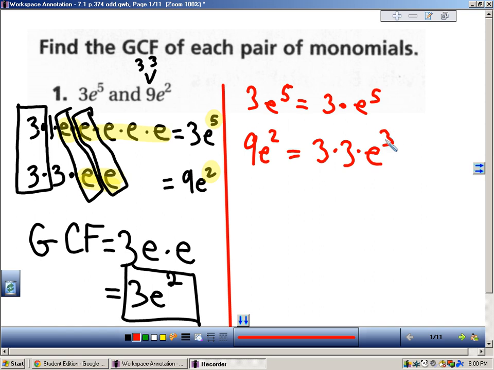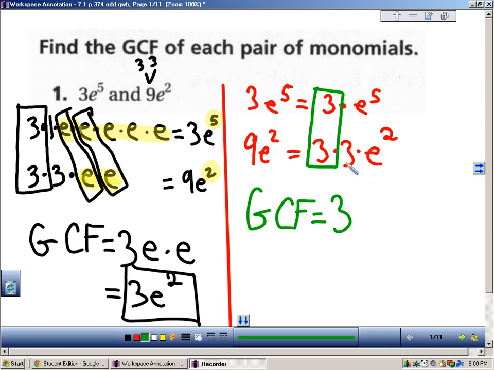And so we did not factor our powers. Okay? And so now, pair up the common factors. 3e. So that's 1 pair. And then the next step says, identify the lowest power between the common variables. So these are my common variables. What's the lowest power?